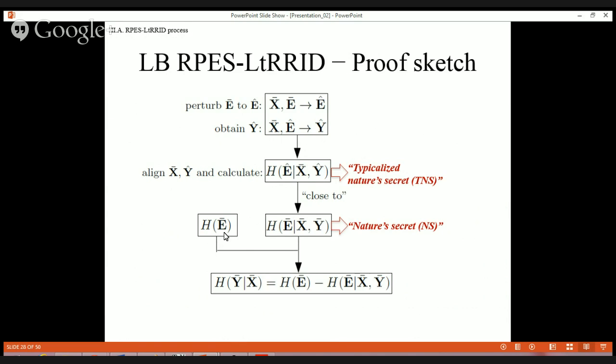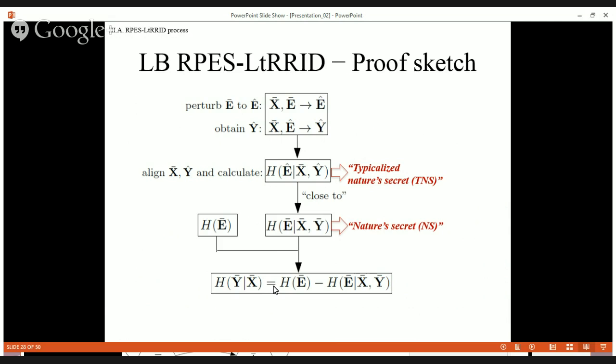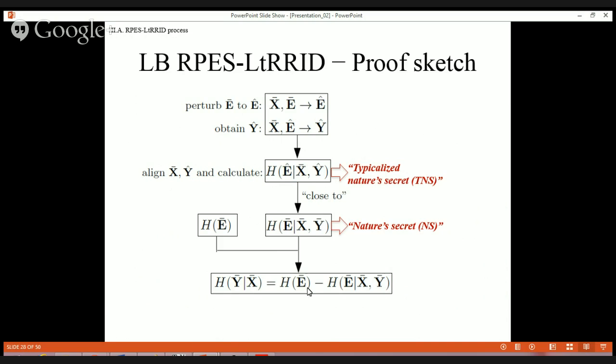The entropy of the edit pattern can be calculated, and H of Y given X, which is what we want to minimize, can be written as H of E minus H of E given X and Y. This is because E is independent of X, and Y is a function of E and X.